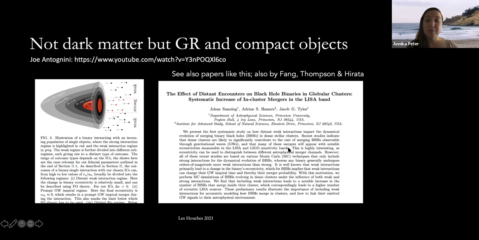So in this paper, they consider a series of weak encounters between stars in a star cluster and a binary black hole system. These are basically a set of 3-body problems that they're solving.